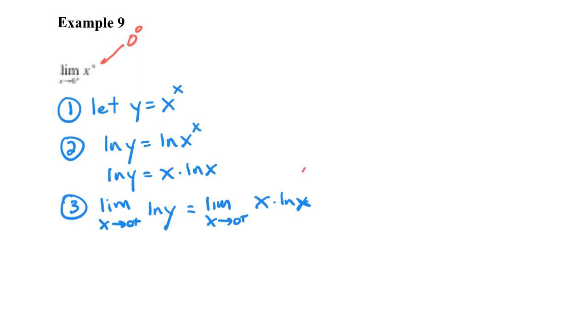When you look at this one, as x approaches 0 from the right, the form we've got is 0 times, and to see what, just think of the natural log of x function. The natural log goes like this, so as x approaches 0 from the right, the natural log is approaching negative infinity. So this is really 0 times negative infinity, so it's 0 times infinity.